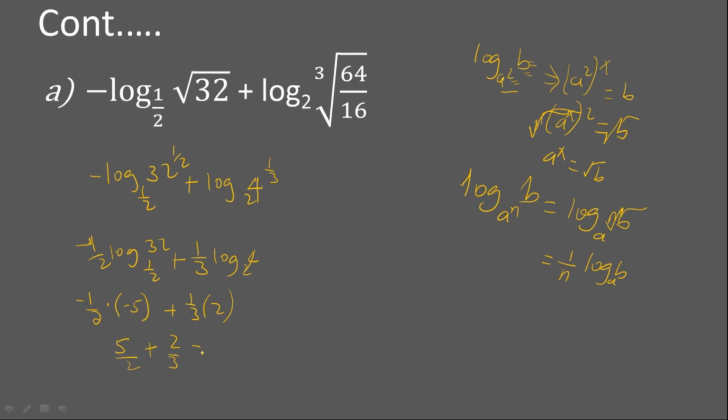Our LCM is 6, because the denominators 2 and 3 are different numbers. 6 divided by 2 is 3, 3 times 5 is 15, plus 6 divided by 3 is 2, 2 times 2 is 4. So finally it is equivalent to 19 over 6. It cannot be simplified, so our final answer is 19 over 6.